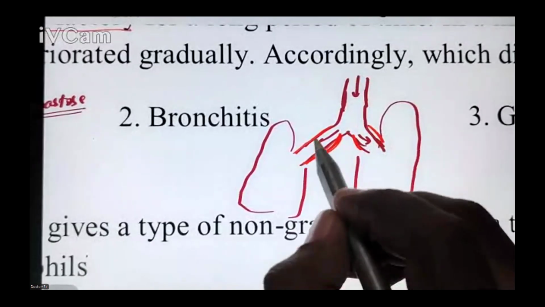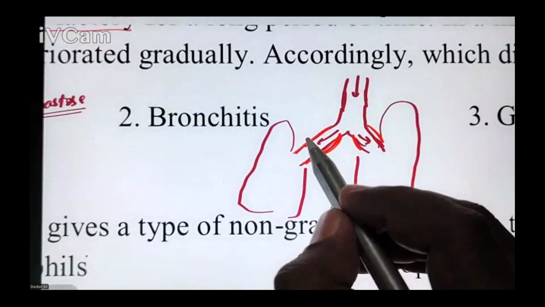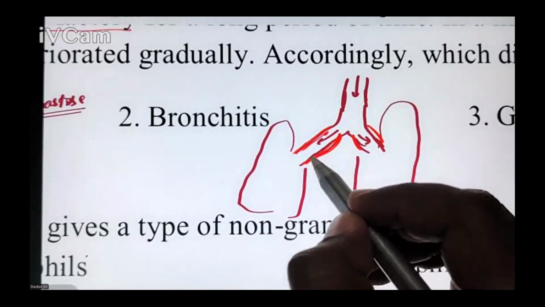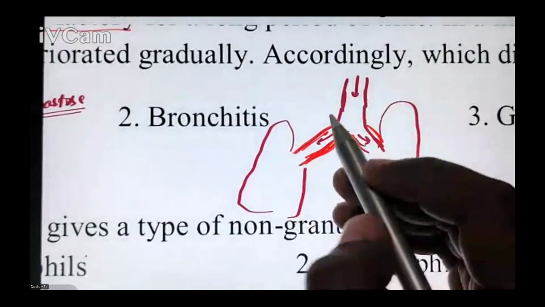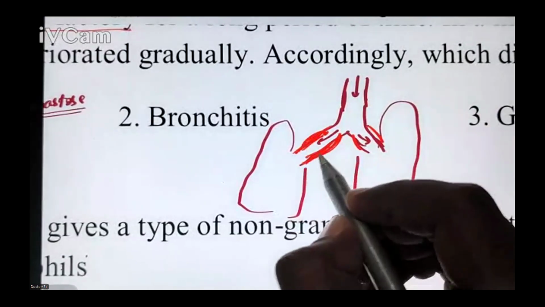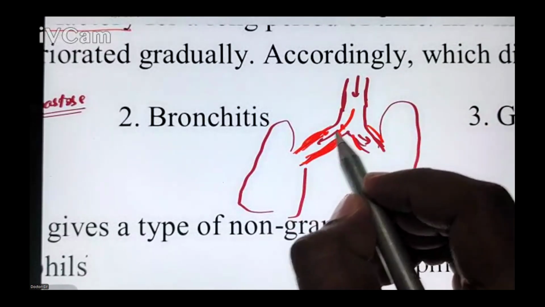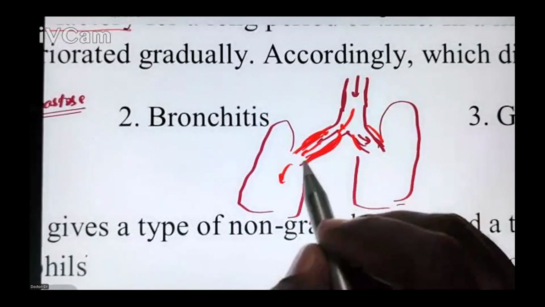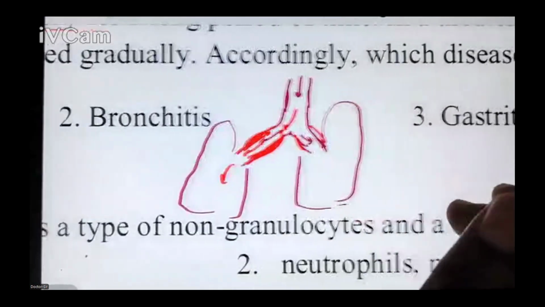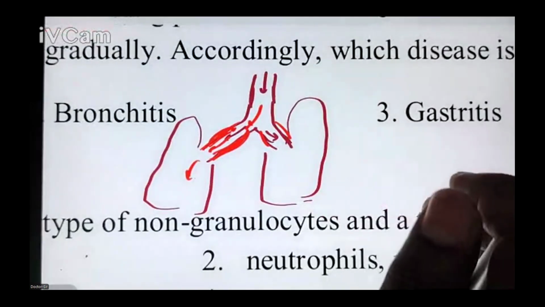The bronchus can become inflamed and narrow, or edematous and swollen. Then it affects the air entry to the lungs. That condition we call bronchiectasis.